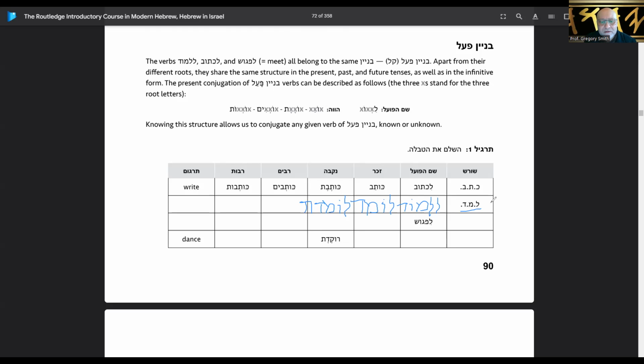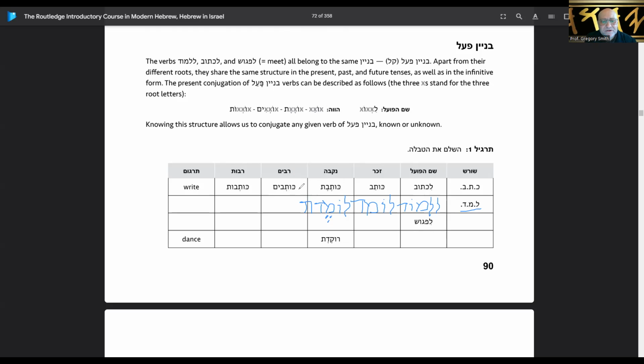Lomedet. לומדת. Hi lomedet. Okay, so that means there must be like a segol under there. Notice that you really have to hear it, because in modern Hebrew there's no vowel pointing. So you have to hear it. It's all auditory, which is why I use this here. So hi lomedet, she is learning, or she studies.